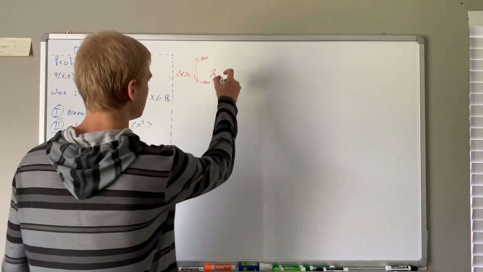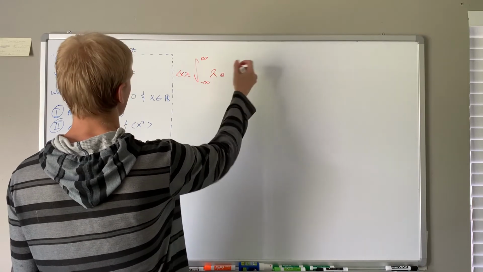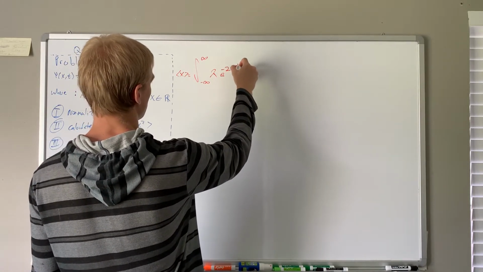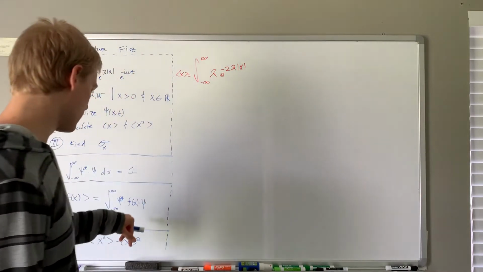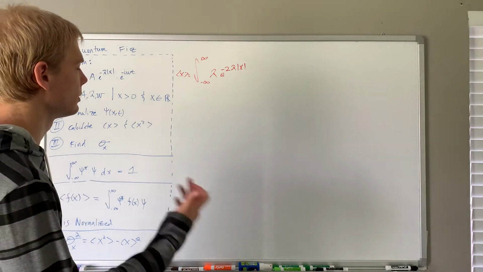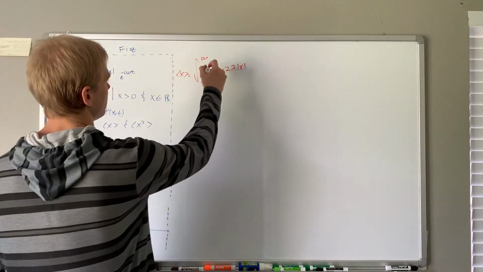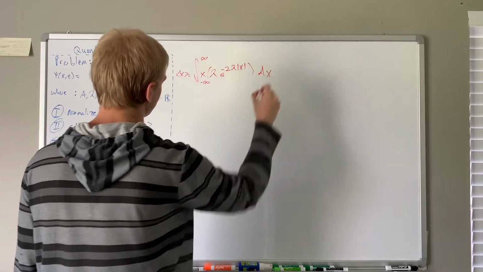So you're left with something like this: e to the negative 2 lambda absolute value of x. I could have slapped the x in there, but multiplication is commutative, so you can switch it around. So it's this whole thing times x dx.